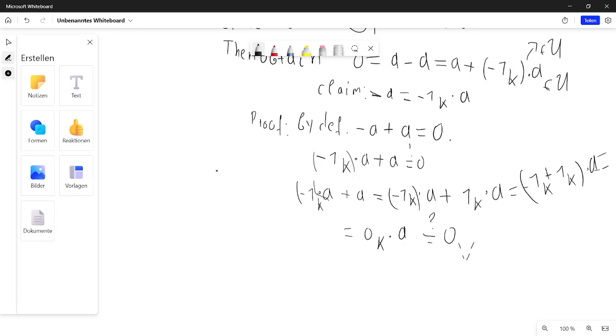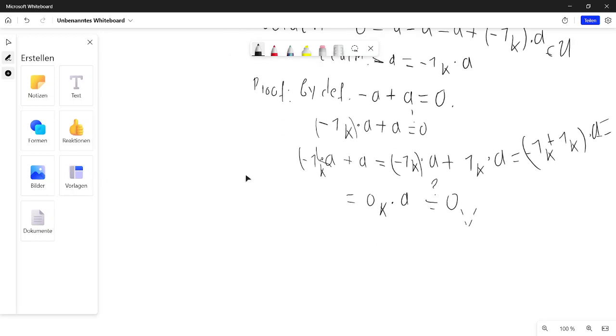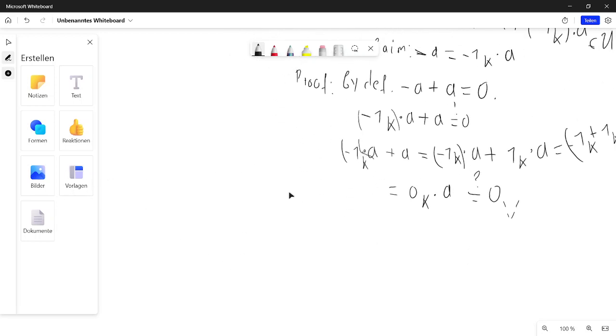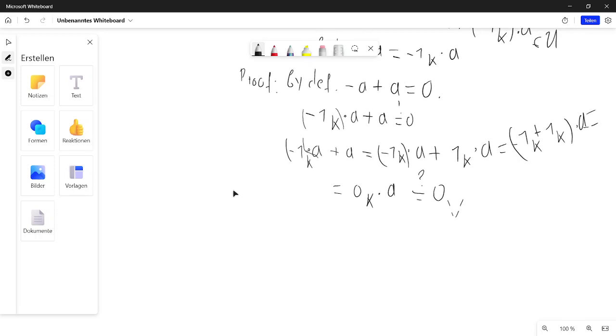You could be tempted to write this and just think, well, in school we had that number multiplied by 0 is 0. But no, you can't do that because these now are abstract objects. It's not clear that something multiplied by 0 is 0, but indeed that's the case, and we'll show that. Well, proof.